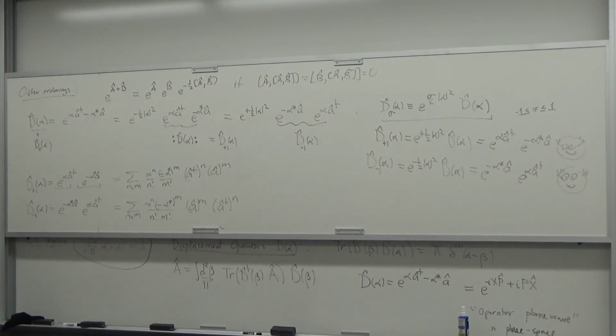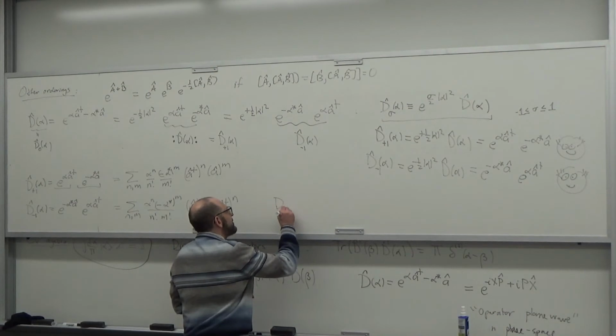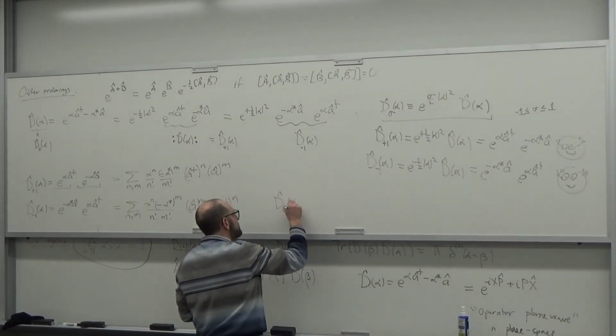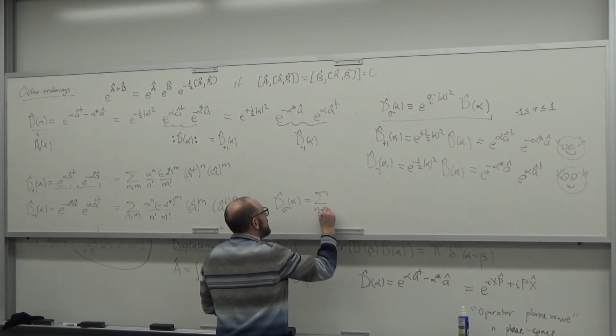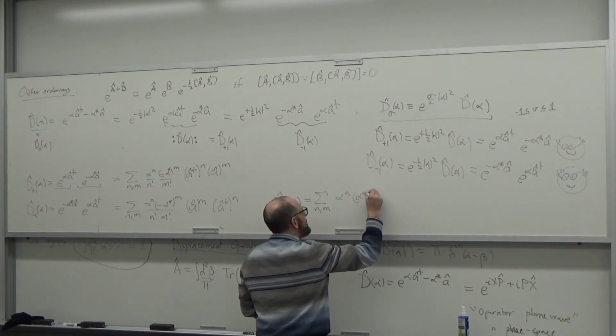So, what we see here, thus, is that the d sub sigma, as defined over there, is equal to the sigma ordered power series.